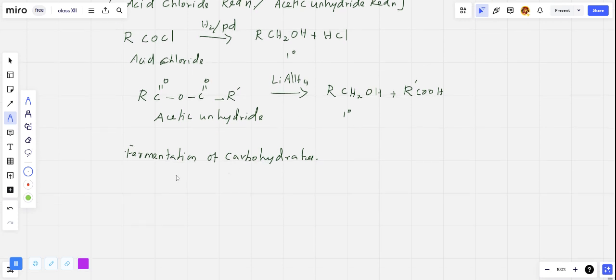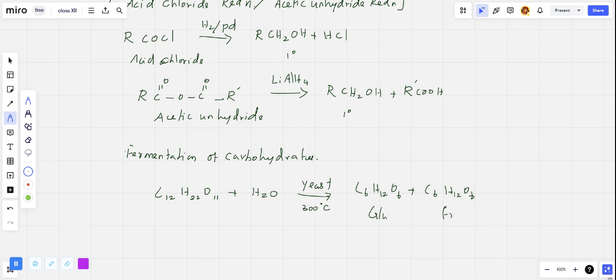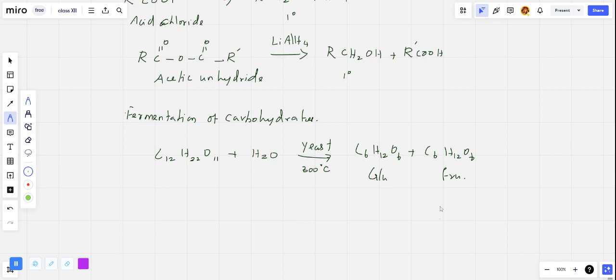The formula for the carbohydrate is C12H22O11. On hydrolysis with the help of yeast, this is fermentation, at 300 degrees Celsius, we will get C6H12O6, glucose and fructose. The formula is the same for both glucose and fructose.